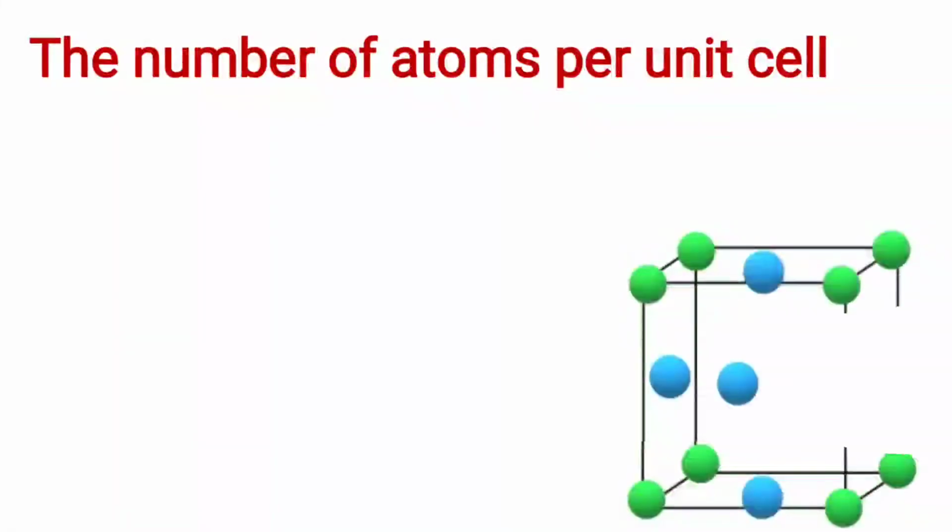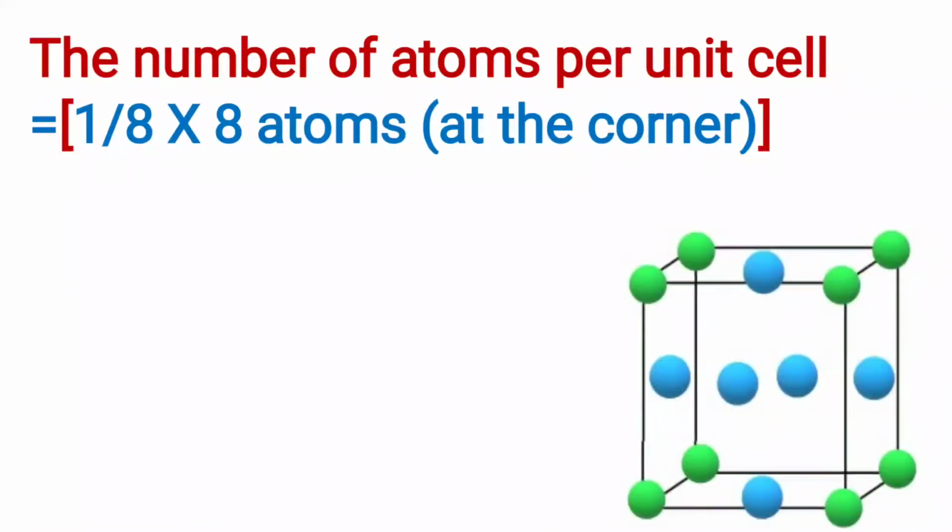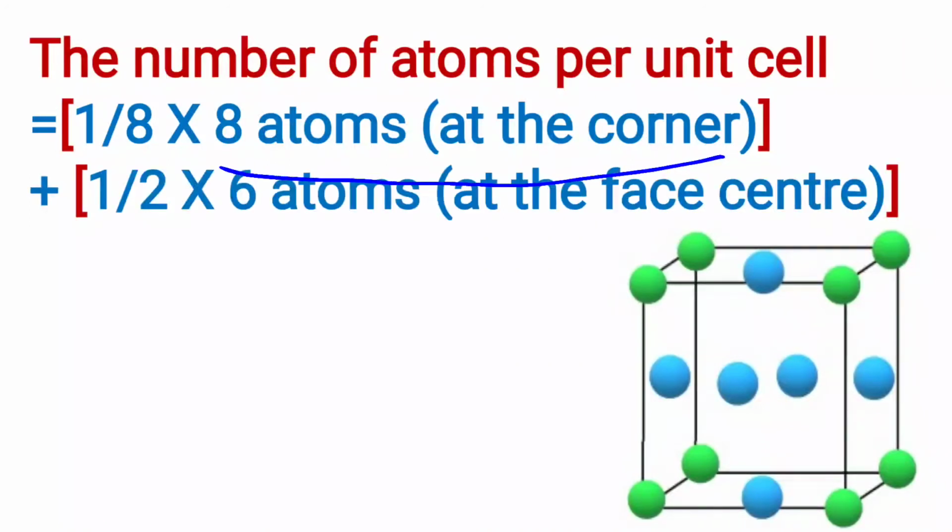Let's have a look at the calculation part. Number of atoms per unit cell in a face-centered cubic unit cell. First, we have 8 atoms at the corner as we did earlier. Only 1/8 portion of each belongs, and we know how it is. However, how many atoms are there at the face centers? 6 atoms are there. How much of each atom belongs to a unit cell? Only half. So half of 6.